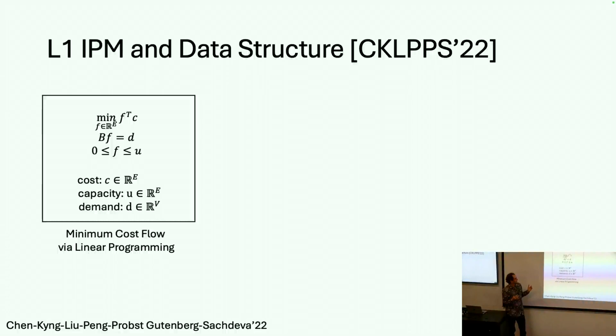This algorithm takes the minimum cost flow via LP perspective. It looks at the flow problem as a linear program, where the flow is the variable of the linear program, and the constraints just say that you shouldn't violate the capacities, you should send the demands, and then you minimize the cost.